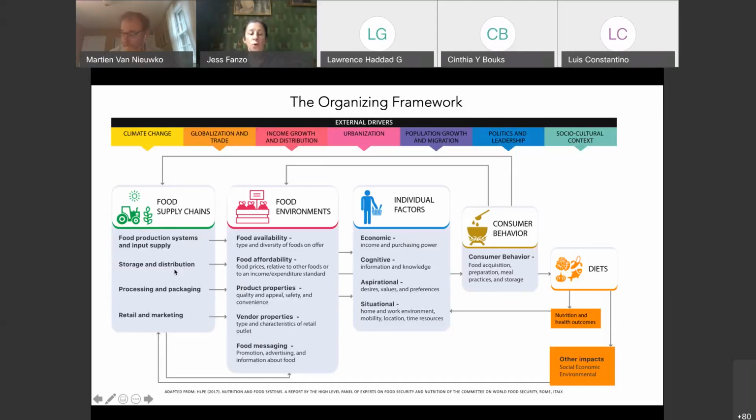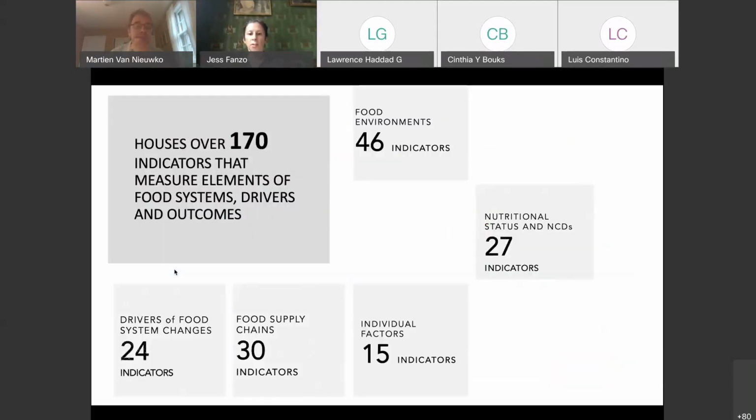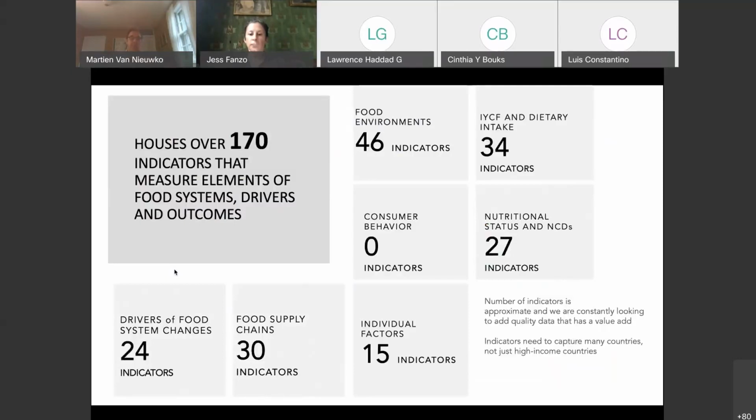And many of those came from the FAO database. So here are the number of indicators we have, and we took these indicators through a criteria, and you'll see we have, in some categories of the framework, more indicators than in other places.